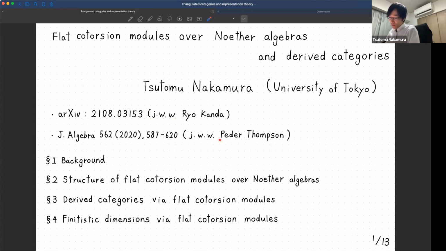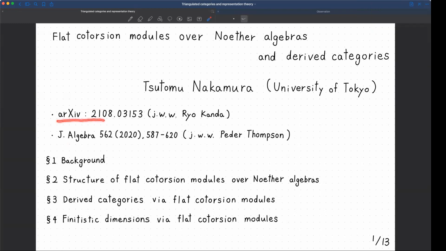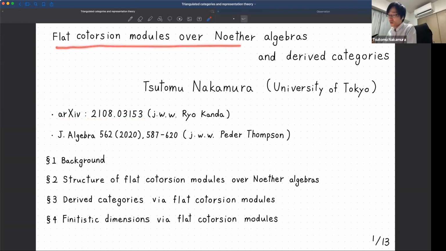The main concern of that paper was commutative noetherian rings, and in the recent preprint with Ryo, we studied flat cotorsion modules over Noether algebras. So today I'd like to explain some important roles of flat cotorsion modules, as well as the main result of this preprint based on this paper.